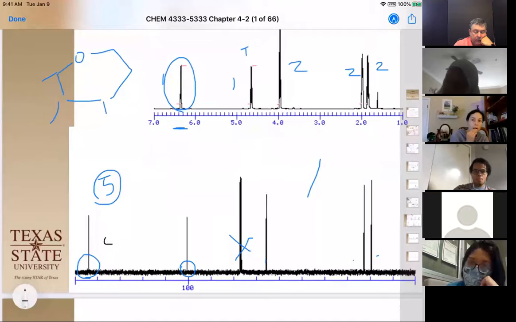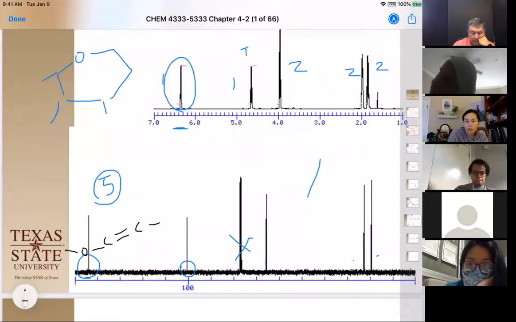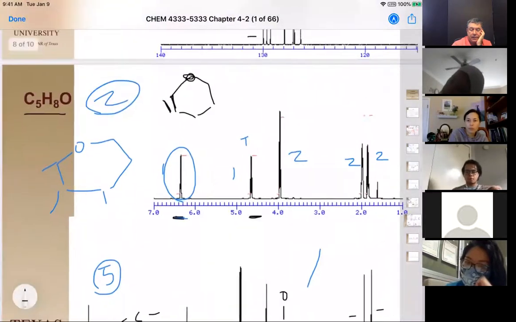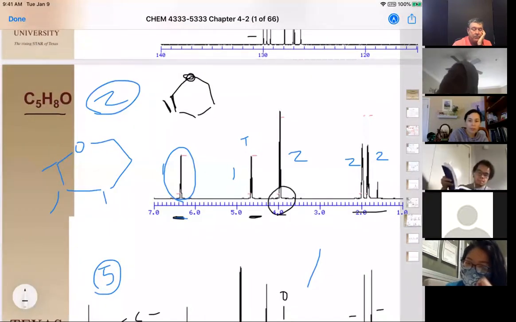This would be the alkene carbon right here. And then this would be the carbon next to the oxygen there. This would be the CH2 next to an oxygen. And then this would be the two CH2s that are farthest away. And these would be the two alkene hydrogens. And we each have one hydrogen in them. And then a CH2 next to an oxygen, and then CH2s away from the oxygen.